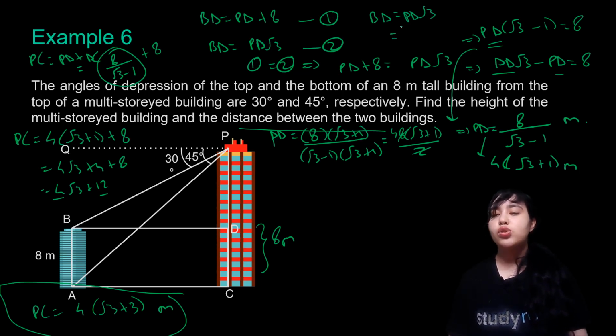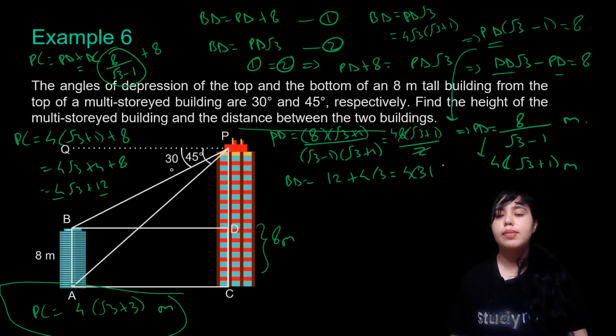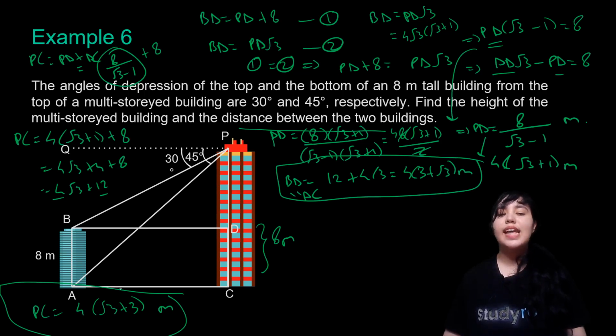PD is 4 into root 3 plus 1. So here you will have 4 root 3 into root 3 plus 1. If you multiply this, you will get BD as 4 root 3 into root 3, that is 4 into 3, 12, plus 4 root 3, take a 4 common, you will get 3 plus root 3 meters. So BD is same as AC only. So the distance between the two buildings and the height of the multi-story building are turning out to be equal, 4 into root 3 plus 3 meters.